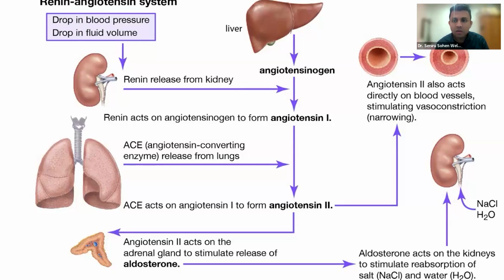The main action of angiotensin 2 is on several organs. It can act on the adrenal gland to stimulate the release of aldosterone, and it can directly act on the kidneys to increase sodium absorption. Via aldosterone, it can also act on the kidneys to stimulate reabsorption of water. Angiotensin 2 also directly acts on the blood vessels, stimulating vasoconstriction. So this is the pathway.